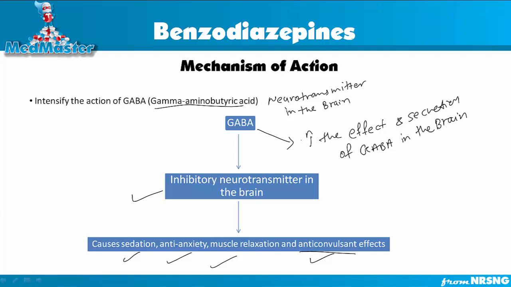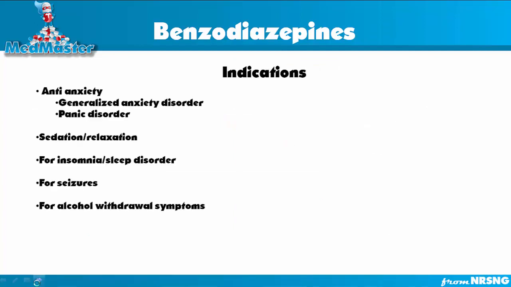When you give this medication, it increases the secretion of the GABA neurotransmitter and potentiates its effect in our brain, causing more sedation, relaxation, and a decrease in neuron firing rate, which is the anticonvulsant effect. So that's basically how benzodiazepines work.